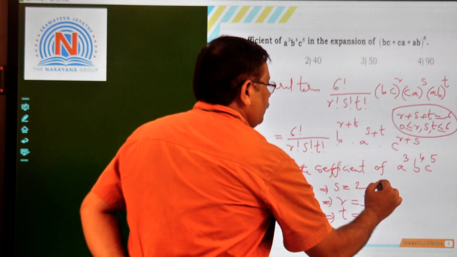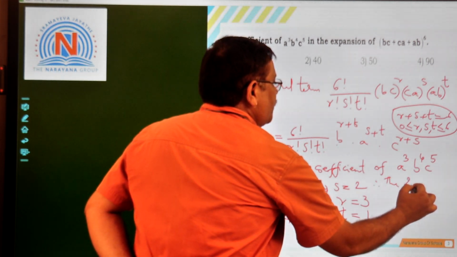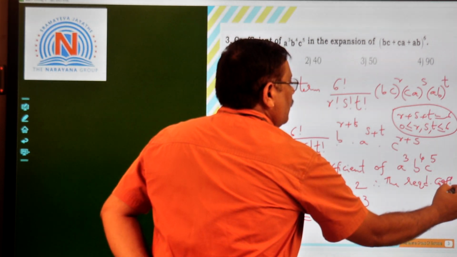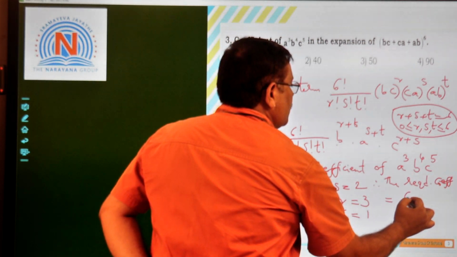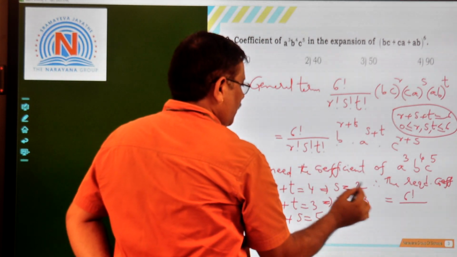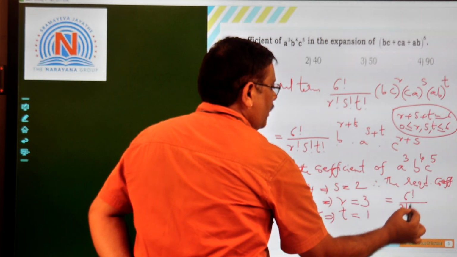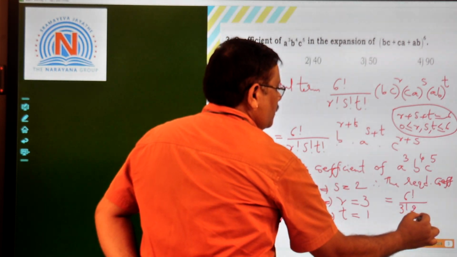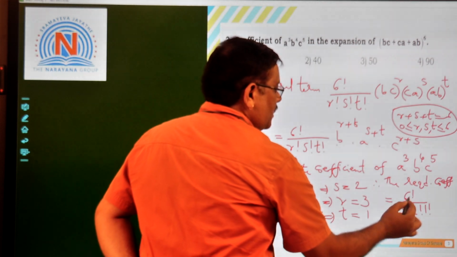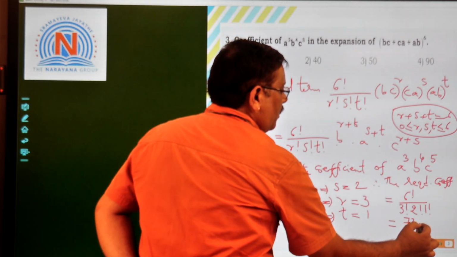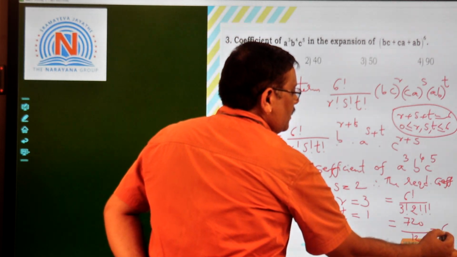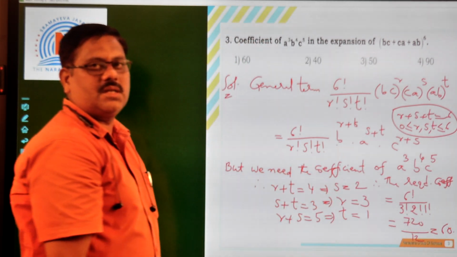Therefore, the required coefficient is equal to 6 factorial by r factorial, that is 3 factorial, into s factorial, that is 2 factorial, into t factorial, that is 1 factorial. 6 factorial is 720 upon 3 factorial is 6, 6 twos are 12. So that is going to be 60. So the answer for this question is 60.